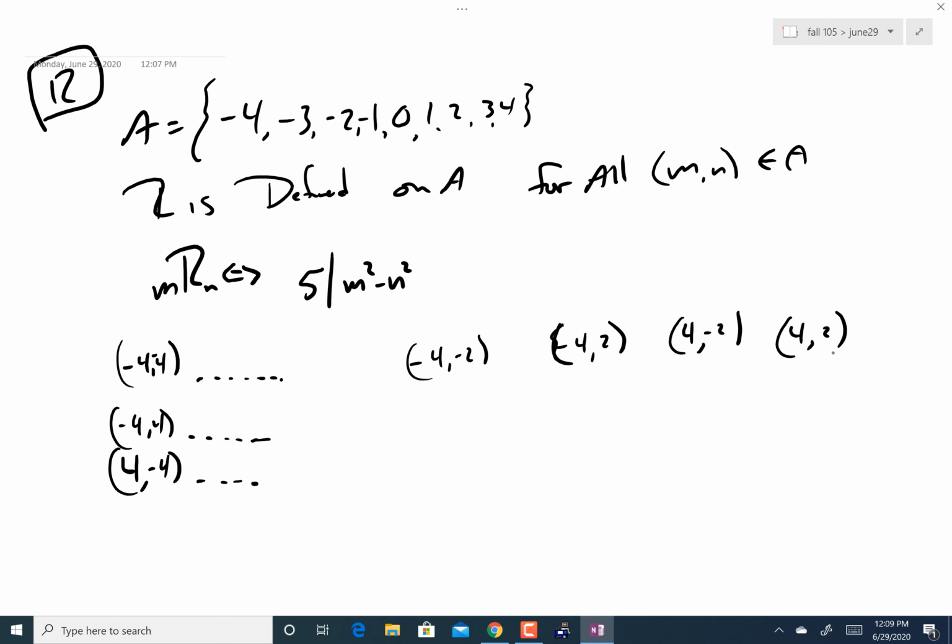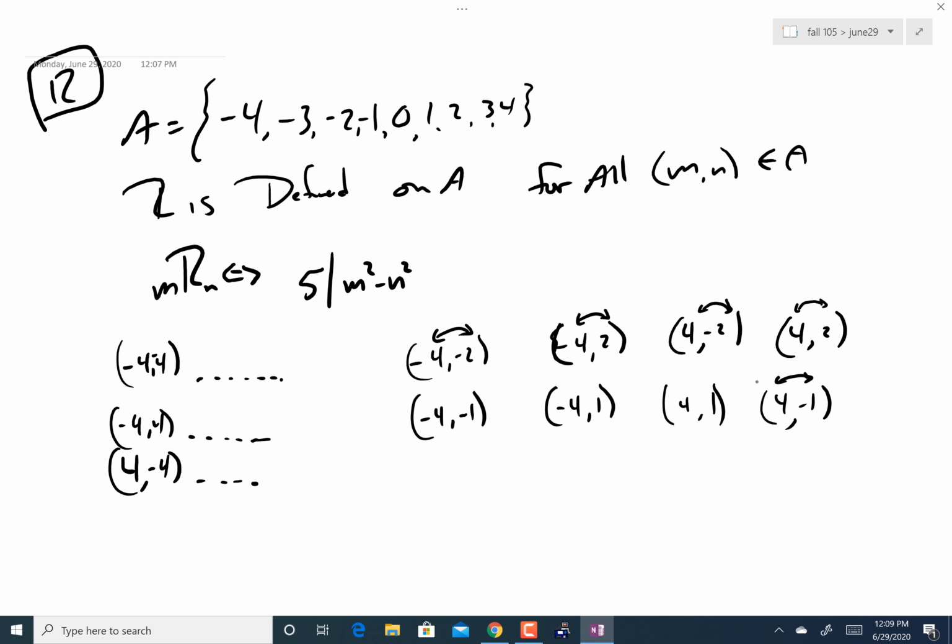So any of those guys and their reversals, if you will, because, again, they are symmetric. Okay. Then, what do we got here? We got 16 minus 1 is 15. That would also work. So any of the 4s and 1 combinations would also work, as would these guys. Nice. And then what else? That takes care of our 16.